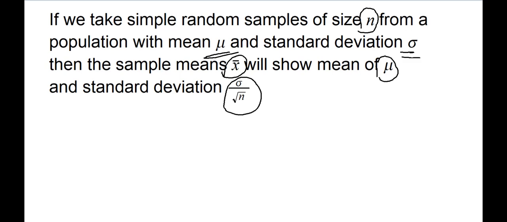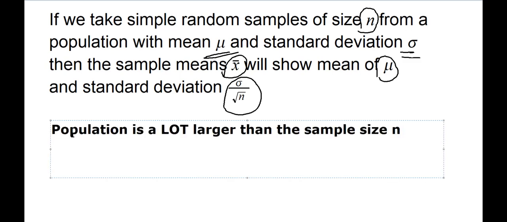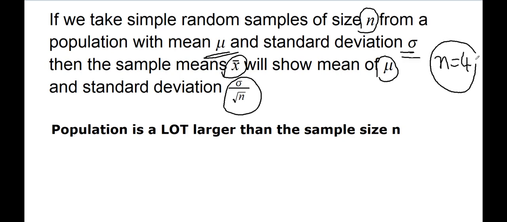And note an additional point: for this to happen, we need the population to be a lot larger than the sample size. In our case, our sample size was 4, and of course there are many millions of bottles. The mean mu was 65 units, sigma was 2.4 units.